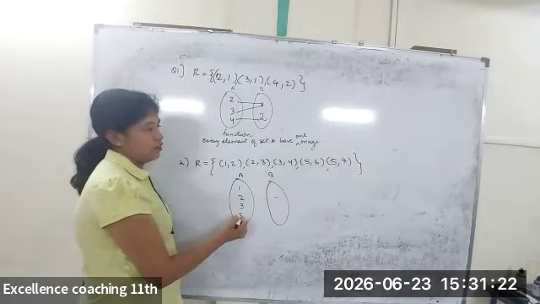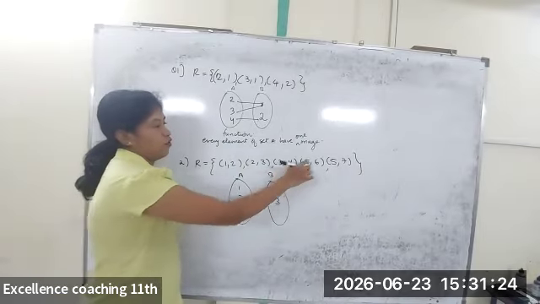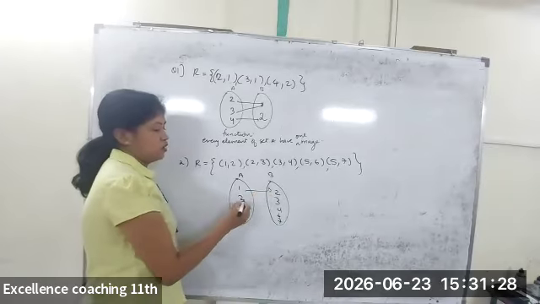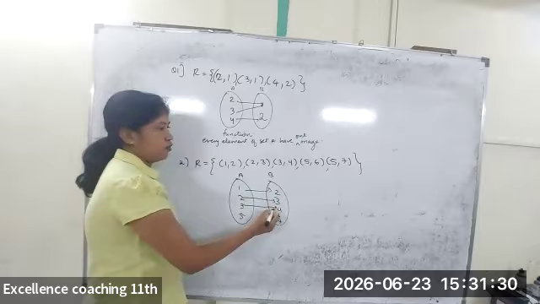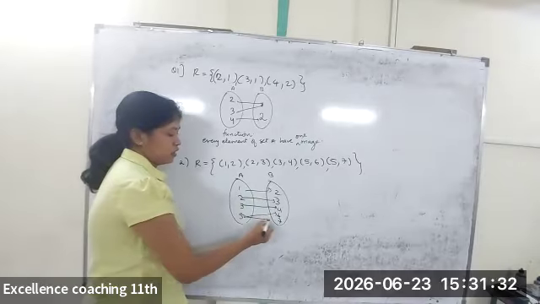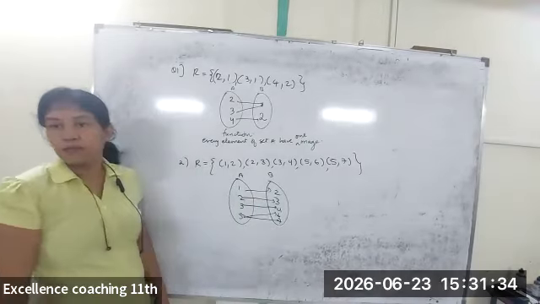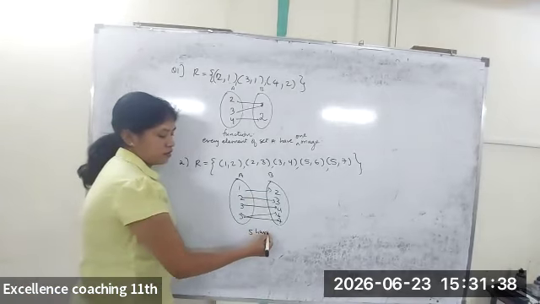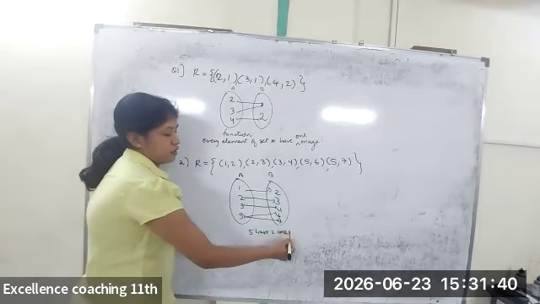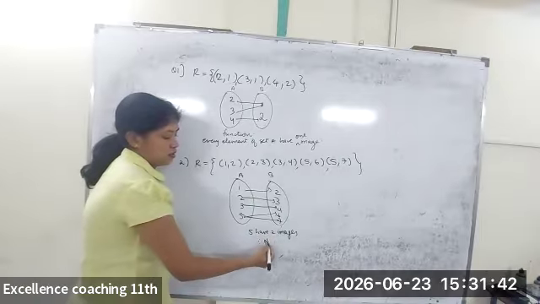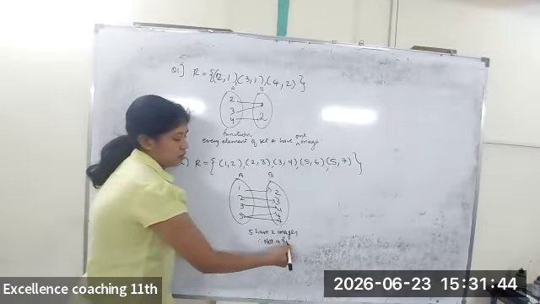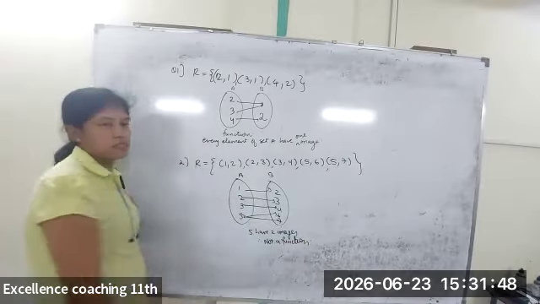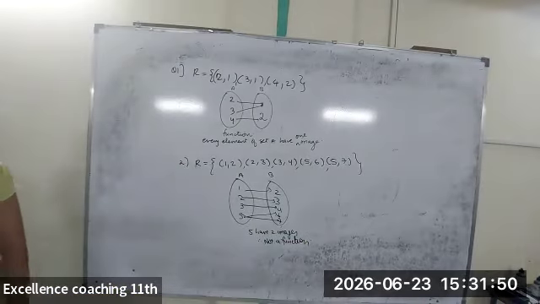The elements are 1, 2, 3, 5 and 2, 3, 4, 6 and 7. So 1 is going to 2, 2 is going to 3, 3 is going to 4, 5 is going to 6. Here now what is the problem? 5 is going to 2 places. Five is having 2 images, therefore not a function.